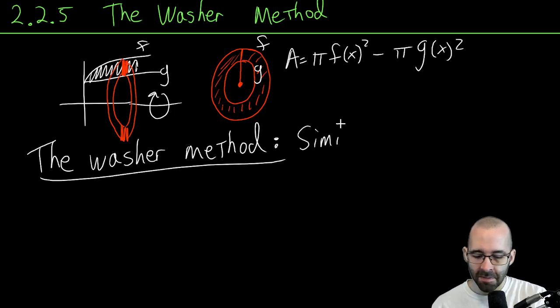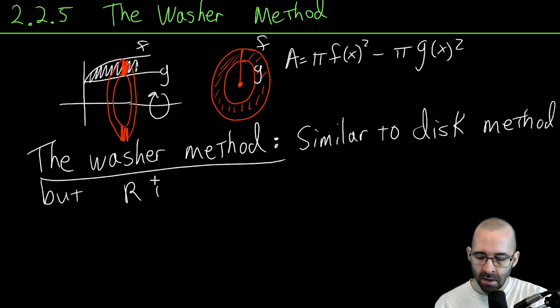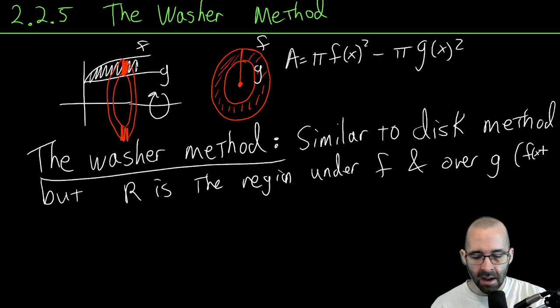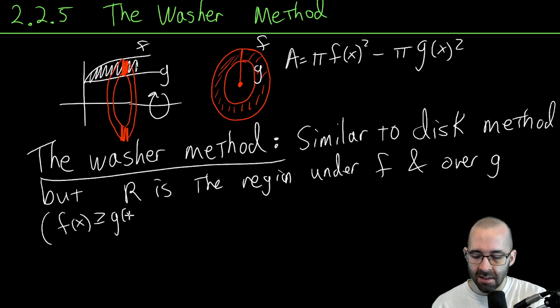Similar to disc method, but R is a region under f and over g. So again, we are going to require that f of x is at least g of x on this interval.